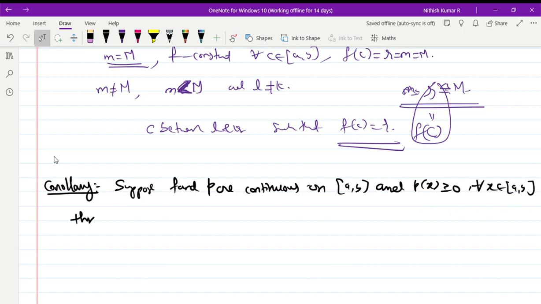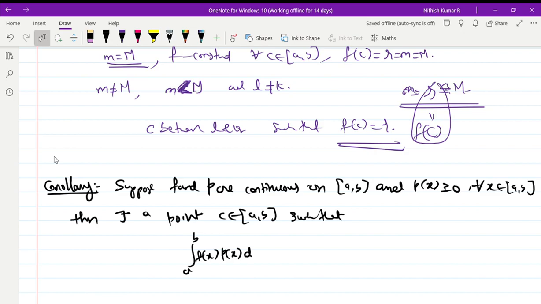Then there exists a point c in [a, b] such that the integral from a to b of f of x p of x dx is equal to f of c times the integral from a to b of p of x dx.